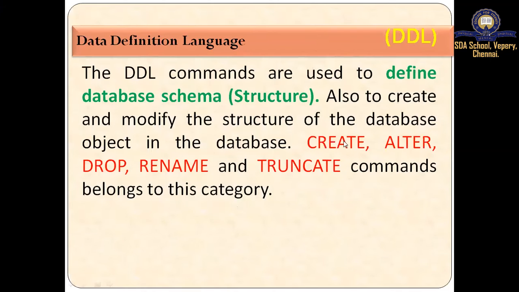So to create and modify structures in a database, we use DDL commands, Data Definition Language commands. What are the 5 types of commands we have in DDL? Create, alter, drop, rename, and truncate.